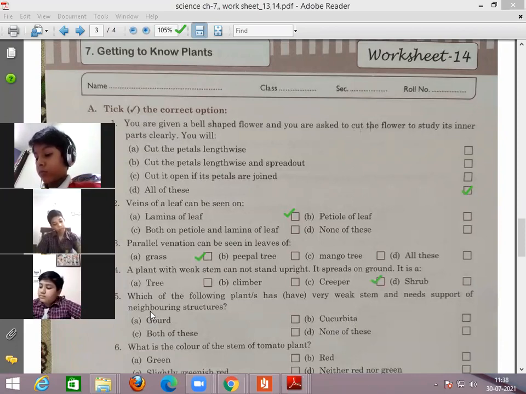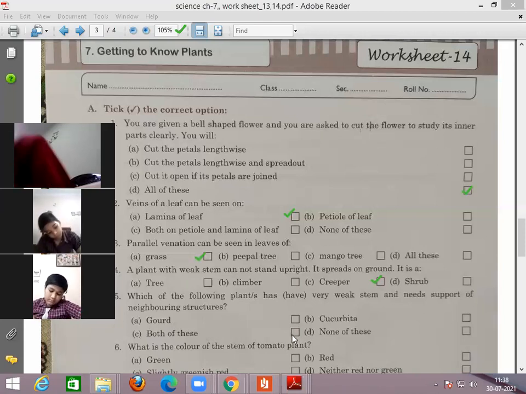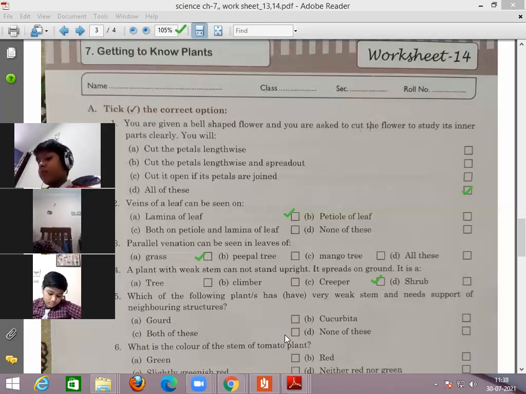Next, number 5. Which of the following plants has weak stem and needs the support of neighboring structure? So, gourd or cucurbita, both need a support. Both have a weak stem and they need a support to climb up. I hope till here you have done.